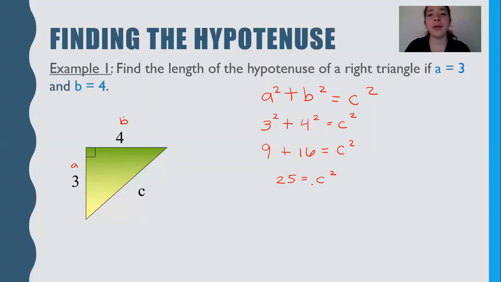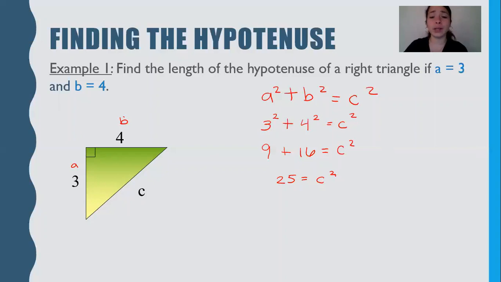Now, remember, anytime I have you solve for a variable, for example, if I say solve for x, we want to make sure it's all by itself. This variable is not by itself because it still has that squared. So what we need to do is the opposite. Remember how if we have addition, we subtract, we do the opposite. If we have multiplication, we divide, we do the opposite.